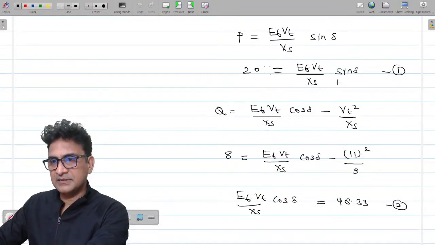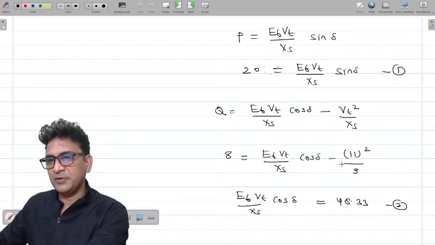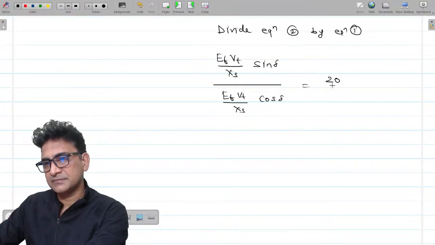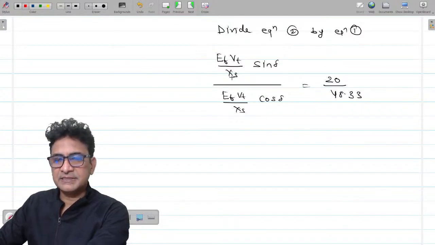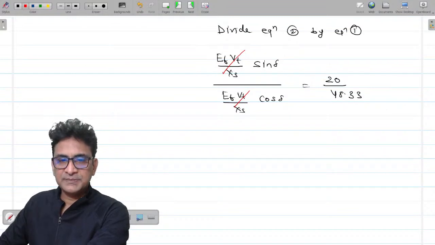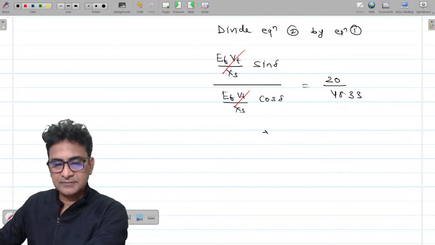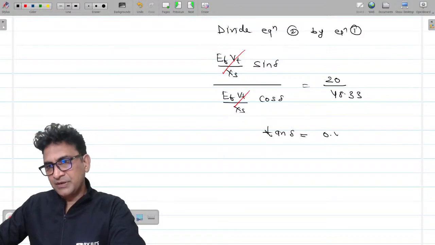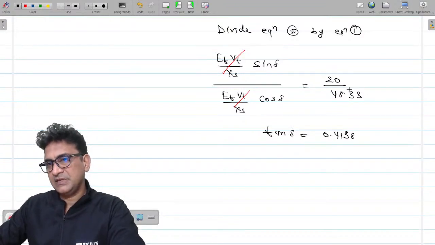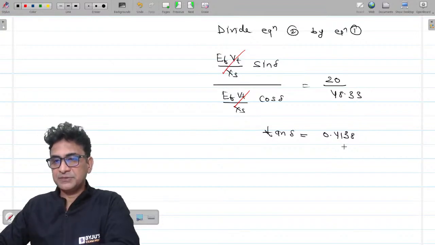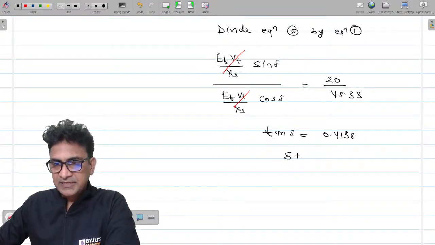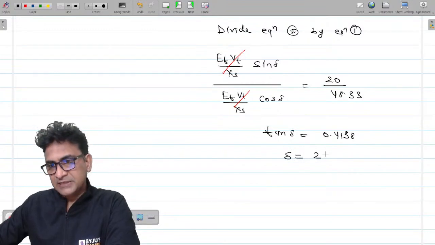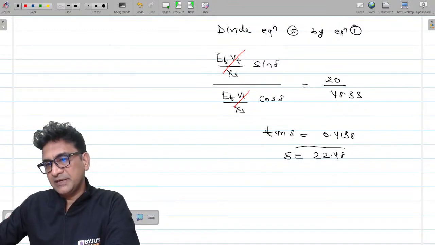Sin delta by cos delta is 20 upon 48.33. So tan delta is equivalent to 0.4138. If you divide 20 by 48.33, you will get 0.4138. So from this we can find the value of delta, that is the load angle. It is 22.48 degrees. This is my load angle.